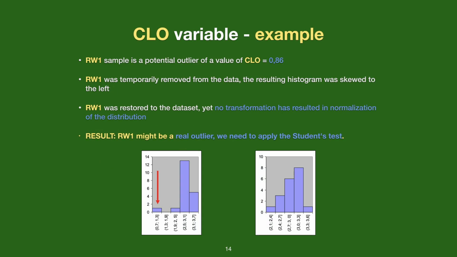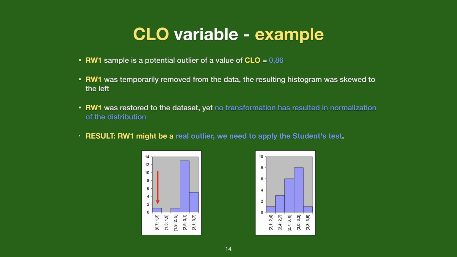Now we look at CLO. Here, the suspicious object is RW1, with CLO equals 0.86. Again, RW1 was temporarily removed, and the remaining histogram was examined. This time, the resulting distribution was left skewed. Then RW1 was restored, and several transformations were apparently considered.